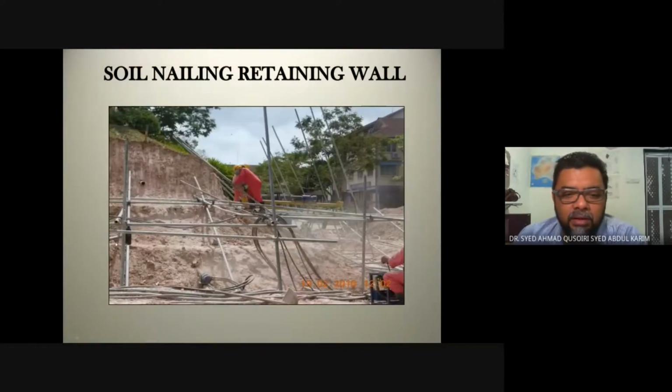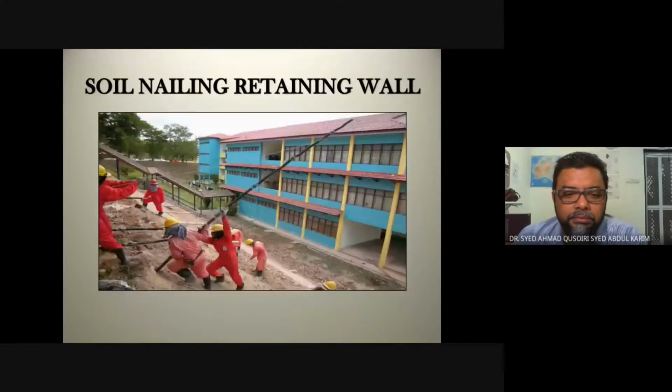You can see there's a lot of them here. So you can see there's not much area to work with. So it is not possible to build one large mass retaining wall over here, because you will obviously disturb the neighborhood.